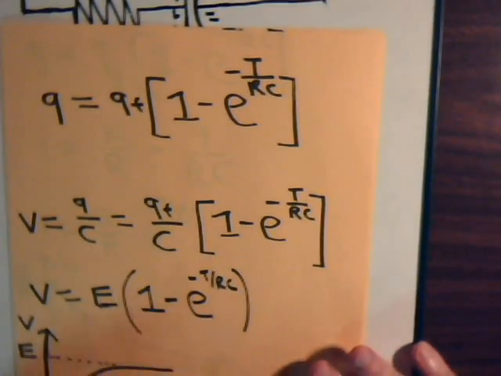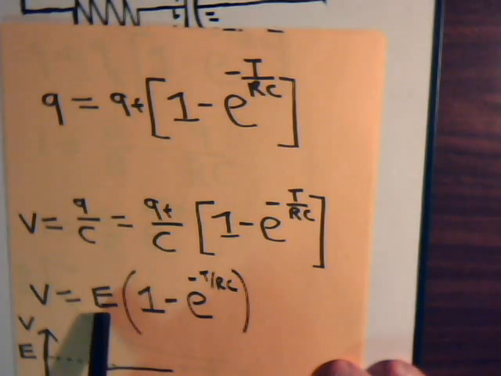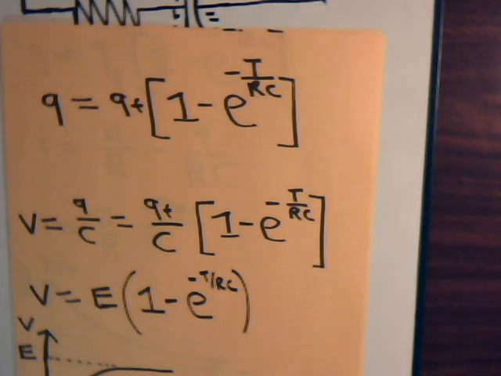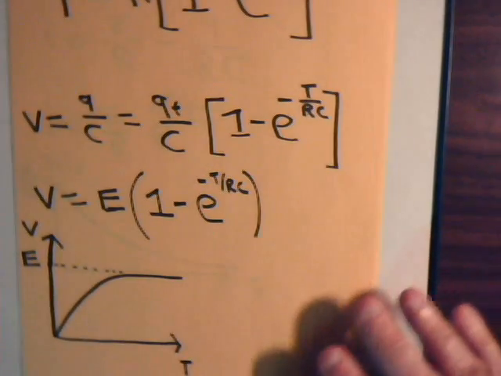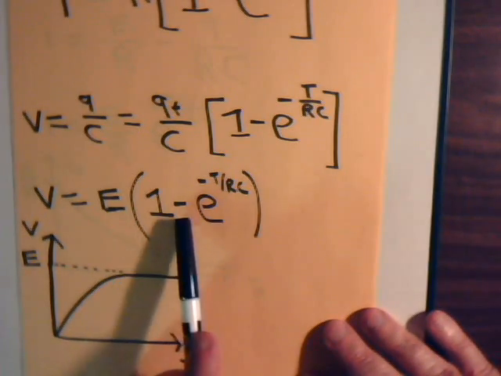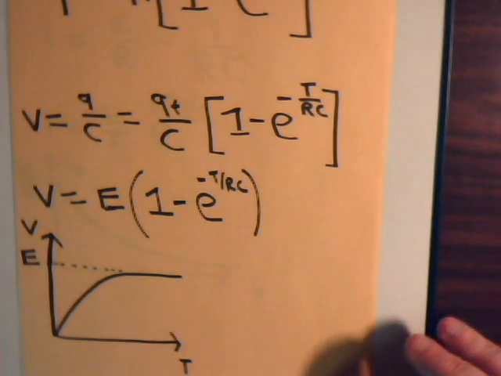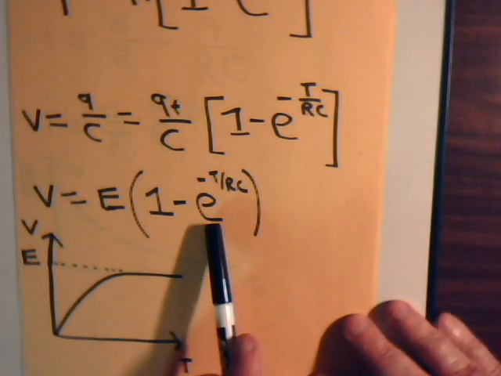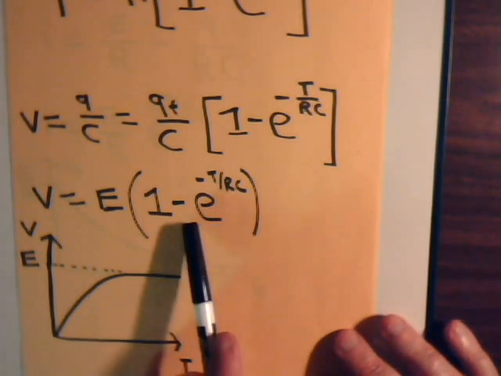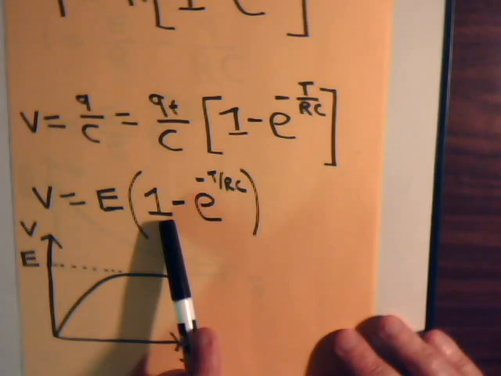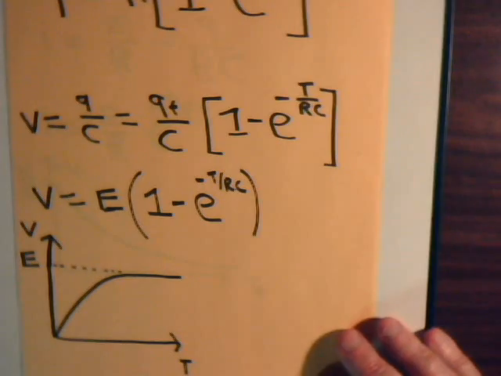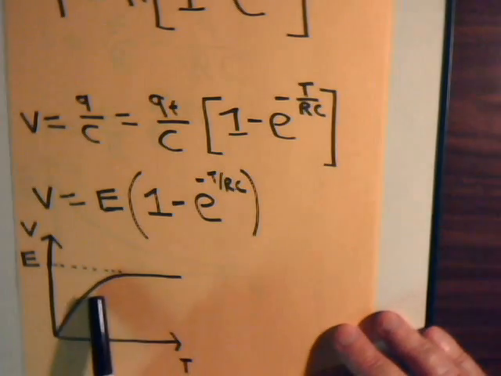So here, we can just replace this with the battery voltage, and here is our equation for the voltage across the capacitor. And at time t equals 0, this is e to the 0, which is 1. 1 minus 1, so the voltage is 0. Then as time goes on, this becomes smaller and smaller, as we talked about in the last video. So we're subtracting a smaller and smaller number from 1, so eventually the voltage across the capacitor just becomes equal to E, the battery voltage, and it looks something like this.